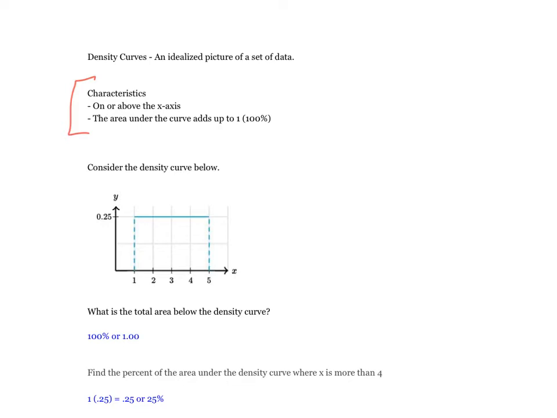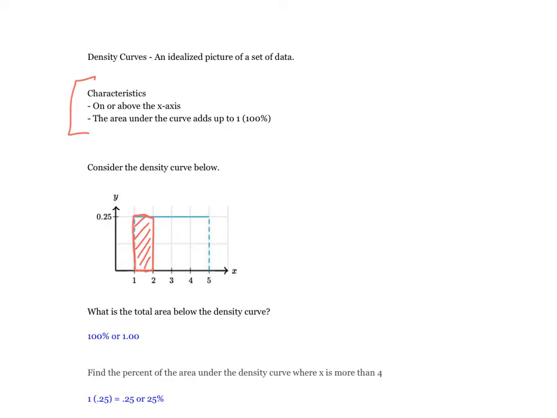The idea behind a density curve is that we can find what percentage of the data falls between given values. So for instance, looking at the picture here, if I wanted to know what percent of the data was between a 1 and a 2, I would just need to find the area of that red region, which we would do by length times width because this graph is a rectangle.